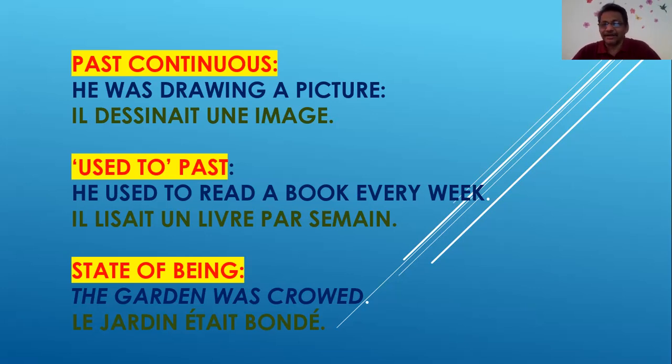The verb is être here. That verb is conjugated in imparfait. Like this, when a verb is conjugated in imparfait, it can mean in English past continuous or used to past or else state of being.